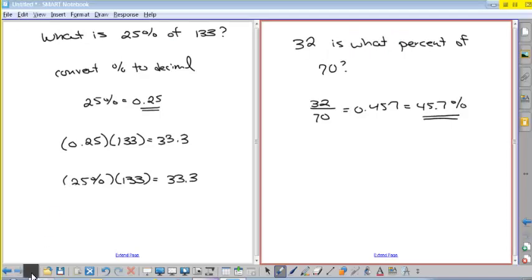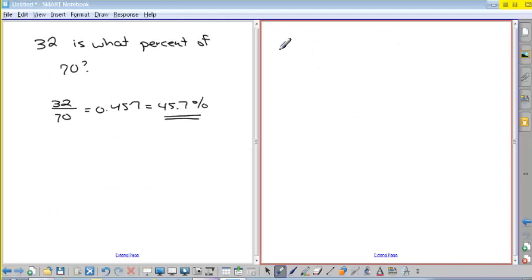Now one more question is, 10 is 30% of what number? So it's kind of a different question here. If I said 32 is 42% of what number, the answer would be 70.